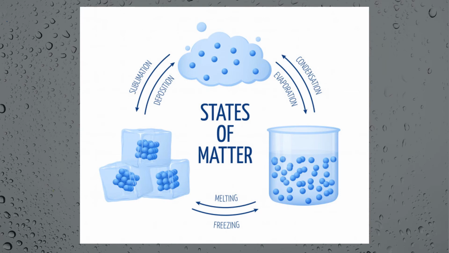When water vapor or gas turns to liquid, like the droplets or moisture you see on glass surfaces, it is called condensation. Deposition is the phase transition in which gas transforms into solid without passing through the liquid phase, like dry ice. The reverse of deposition is sublimation.